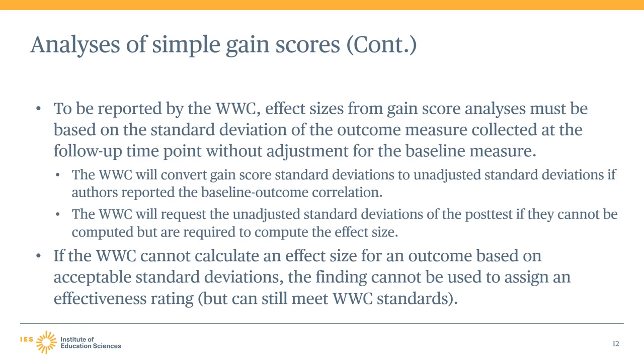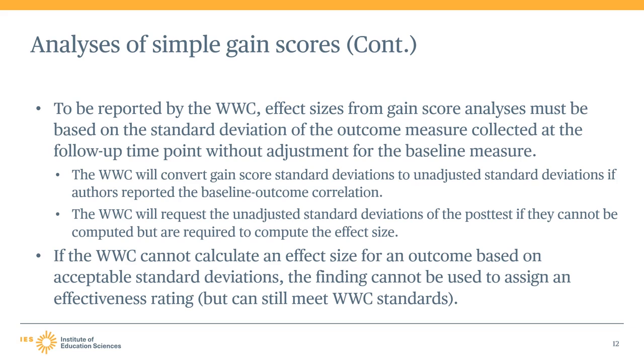Now, the WWC will convert gain score standard deviations to unadjusted standard deviations if the study authors reported the baseline outcome correlation. And the WWC will request from authors the unadjusted standard deviations of the post-test if they cannot be computed, but are required for the WWC to compute an effect size.